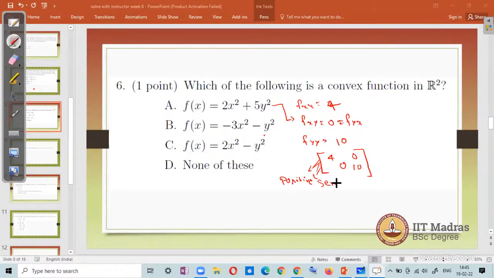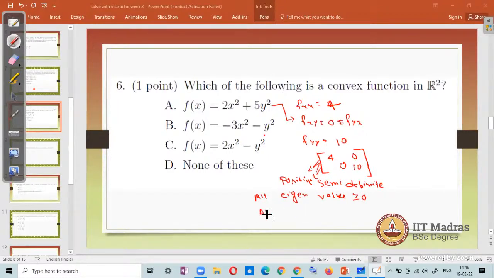If the Hessian matrix is positive semi-definite, then it is a convex function. For positive semi-definite, all eigenvalues should be greater than or equal to 0, not strictly positive.